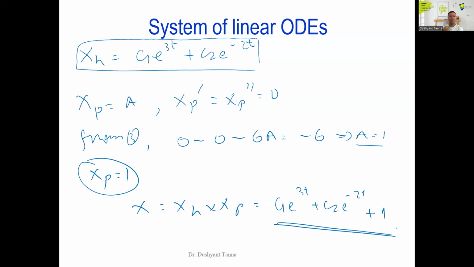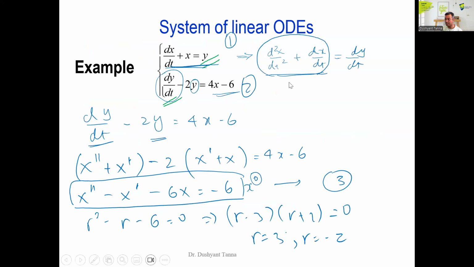Now, the question you might have is, why do we go for xh and xp here, but in the previous question we didn't? We just went for one part of it. The difference is homogeneous and non-homogeneous equation. If you look at this equation that you are solving, this equation is non-homogeneous.